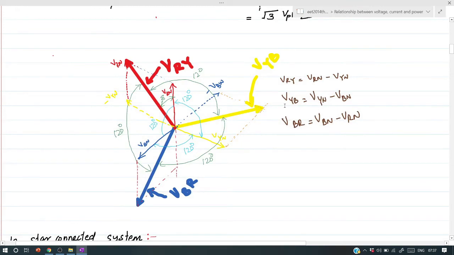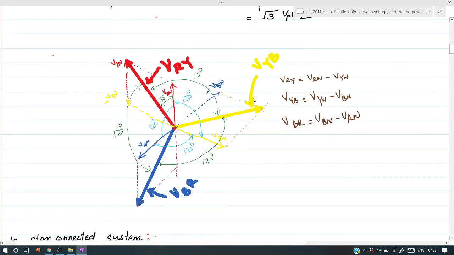Next, we need to develop VYB phasor, which is equal to the phasor sum of VYN and minus VBN. This is our VBN. So minus VBN is this one, which is proceed backward in this direction, just opposite. So the phasor sum of VYN, this, and minus VBN gives VYB.